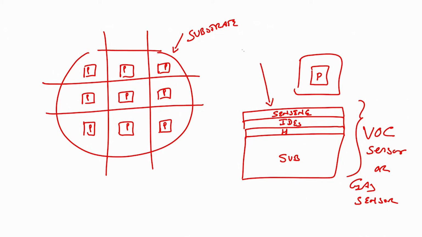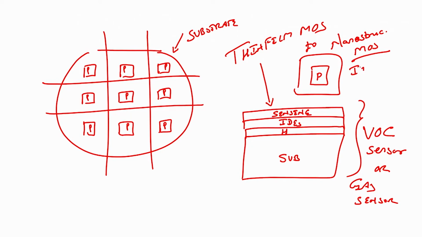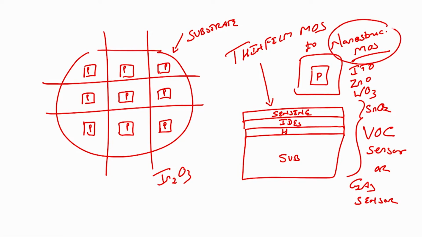Now, you know that if I change the sensing layer from thin films of metal oxide semiconductors to nanostructured metal oxide semiconducting materials like indium tin oxide, zinc oxide, tungsten oxide, tin oxide, right, indium oxide and many more. Then the nanostructure, also I can use CNT, right, carbon nanotubes.